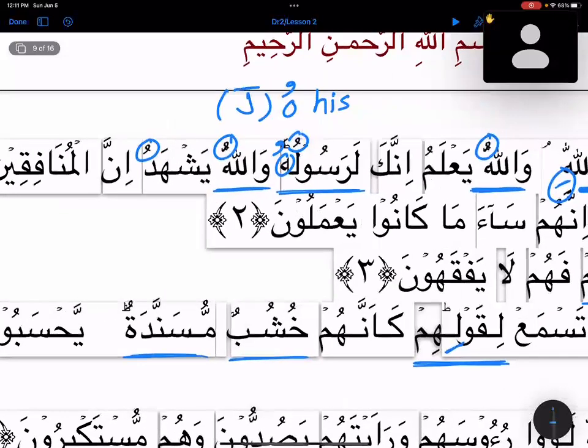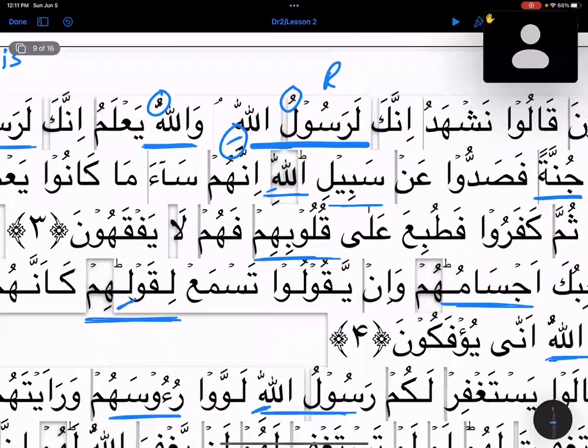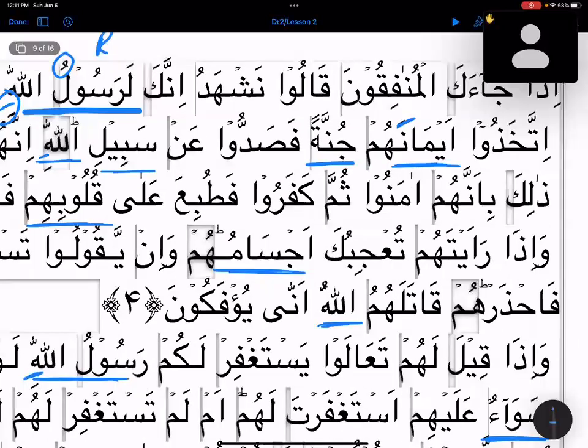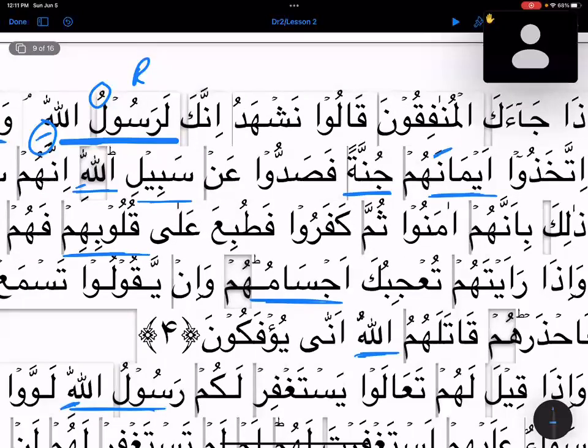So next one is ittakhazu. So they took what? Aymanahum. This is interesting. Aymanahum means their oath. No, this is not iman. Ayman. So what does it mean? Oath. This surah is talking about munafiqeen, right?